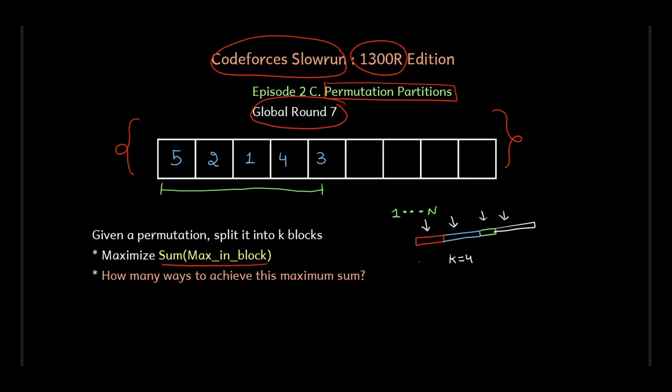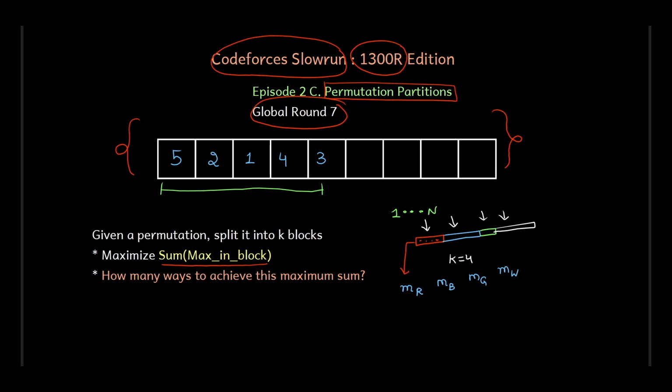That is, if your first block is of red color, then you look at all the elements inside this first block, you compute their maxima, and let's call that maxima of red. Then this would be maxima of blue, this would be maxima of green, and this would be maxima of white.